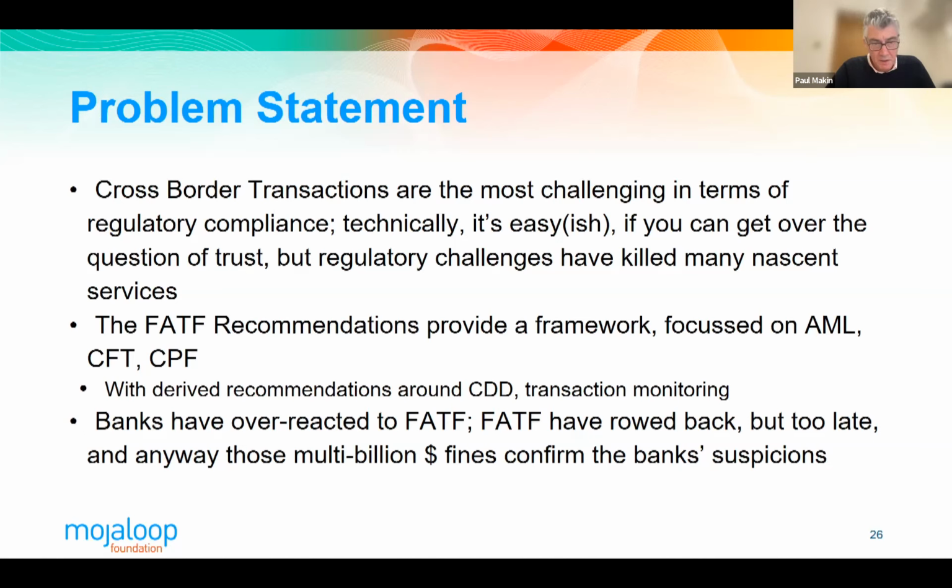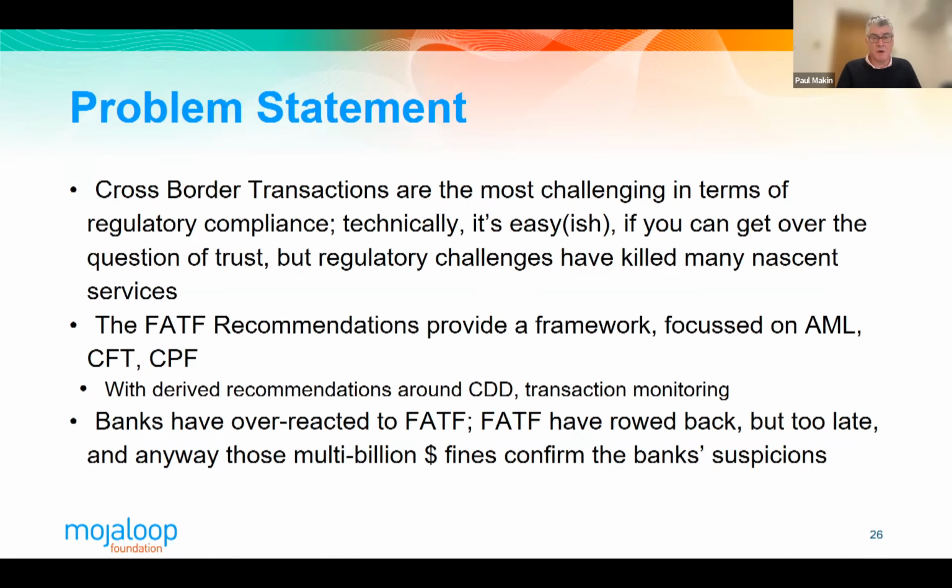Historically, banks have overreacted to FATF, and in some cases engaged in what's known as de-risking. They closed down international transactions along corridors which are seen as risky. The FATF rode back on that, tried to say to the banks, "Hey guys, we didn't mean that.